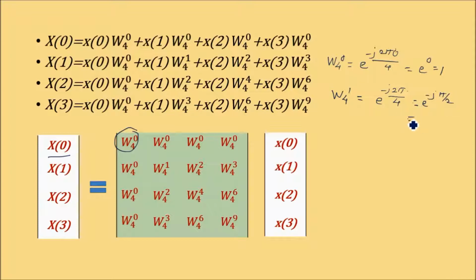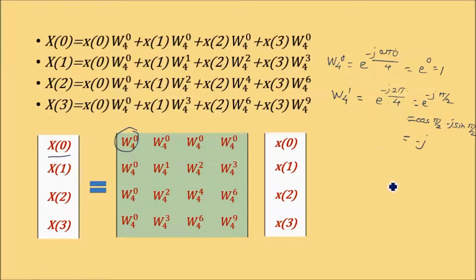So it is cos of pi by 2 minus j sin of pi by 2. Cos pi by 2 is 0, sin pi by 2 is 1, so it is equal to minus j.